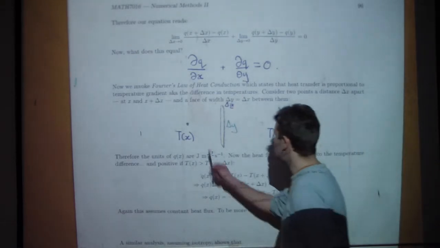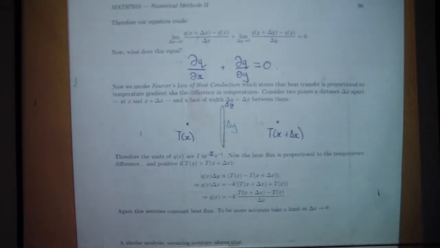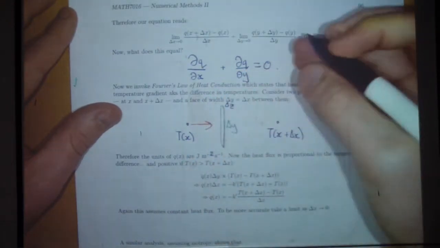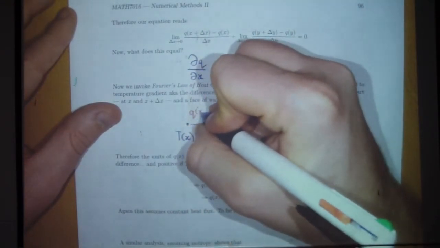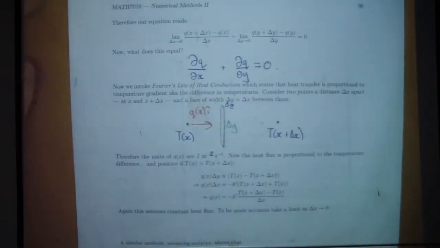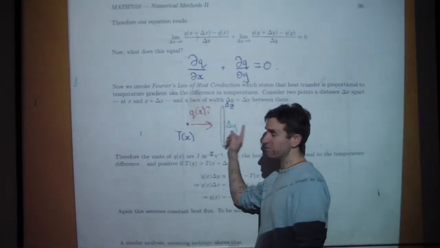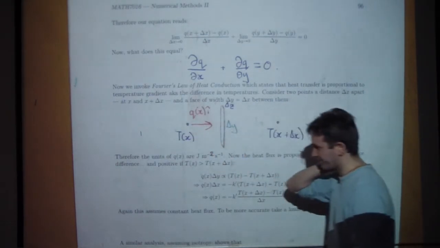So you get a big heat transfer. It's not a million miles away from Newton's law of cooling. So this would be Q of Xi, and it says this is big if the temperature difference is large, in particular if this is hot and this is cold.